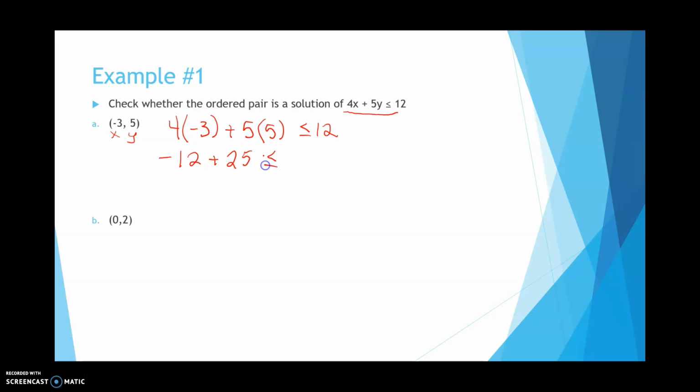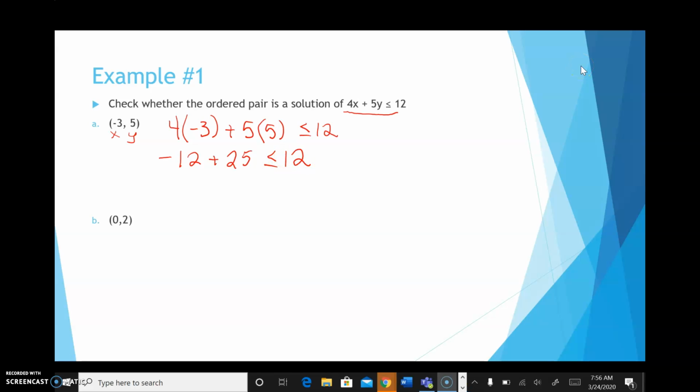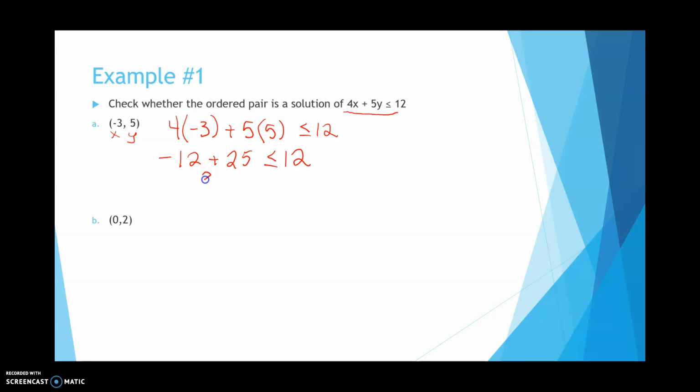So -12 plus 25, that's going to give me 13. Is that less than or equal to 12? No, that is not true. So my answer here is no. -3, 5 is not a solution.